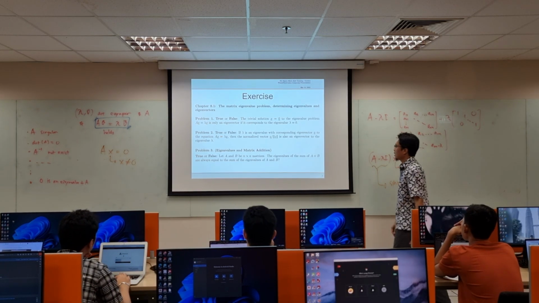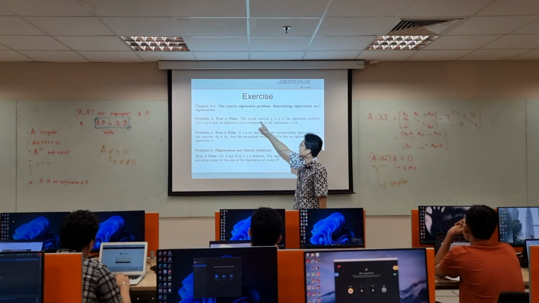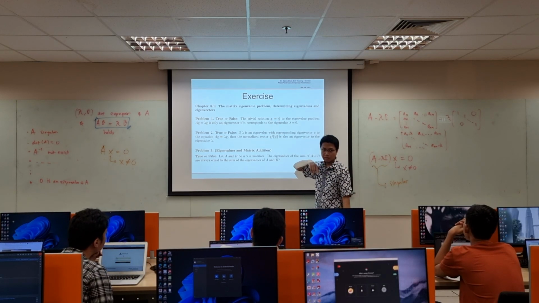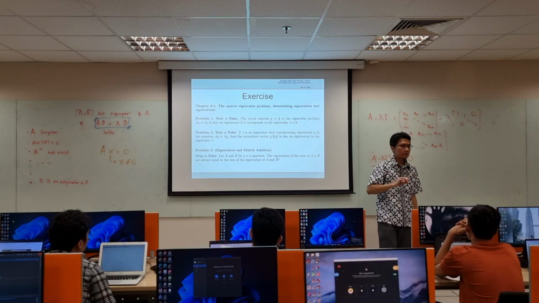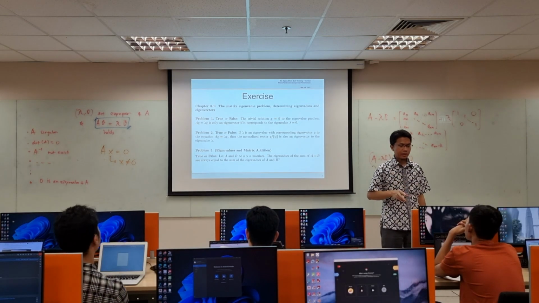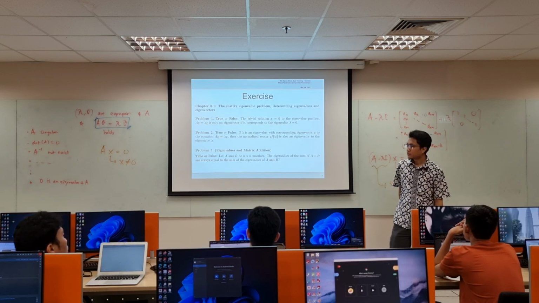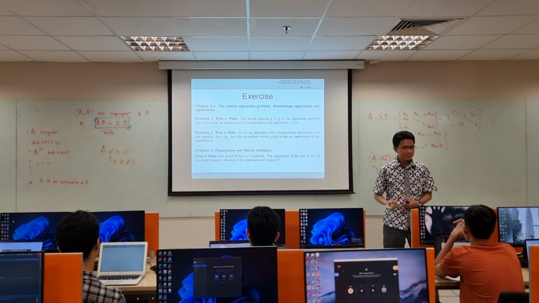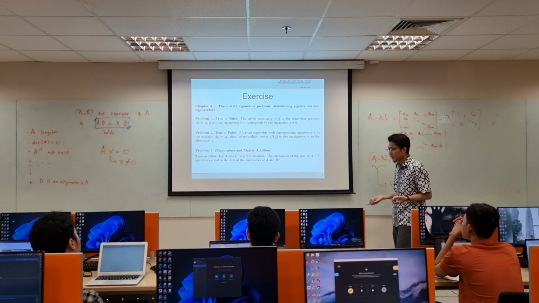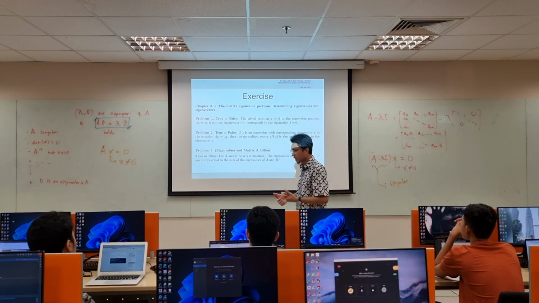The statement is false because even if the eigenvalue is 0, x cannot be 0. What does it mean? I'm saying that when lambda is 0, x cannot be 0.